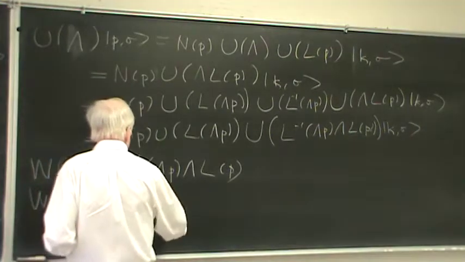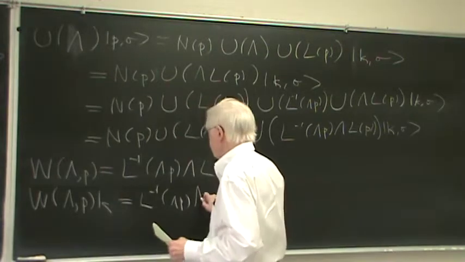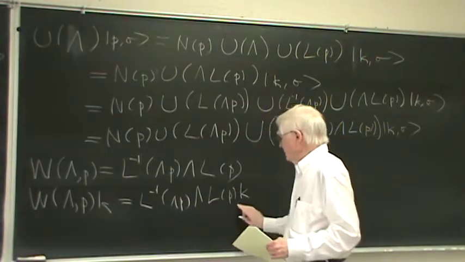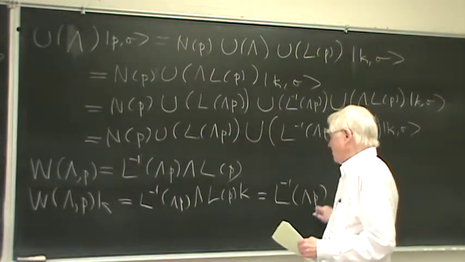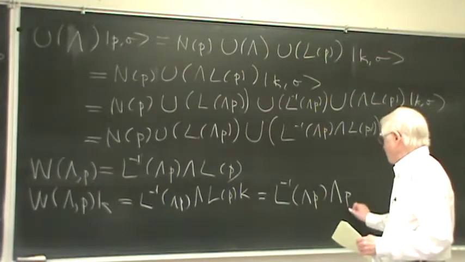Well, this is L inverse lambda P, lambda, but now L of pk, well, L of pk is just P. So this is L inverse of lambda P, lambda P.